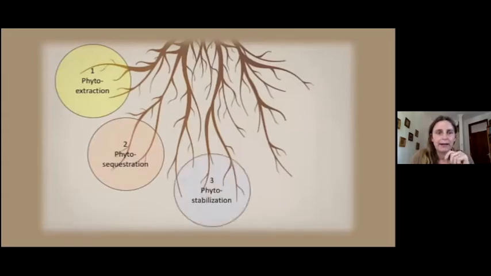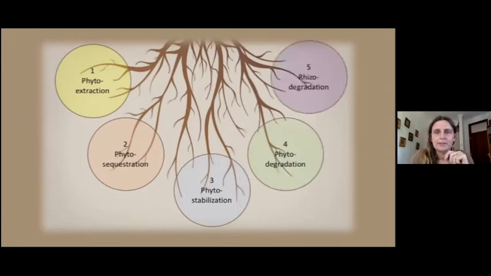Then we have phytostabilization and phytodegradation, which is the breakdown of contaminants through plants. And the last one that we'll be looking at is called rhizodegradation, which is closely related to phytodegradation, but in this case, the breakdown happens through very particular activities in the root zone.